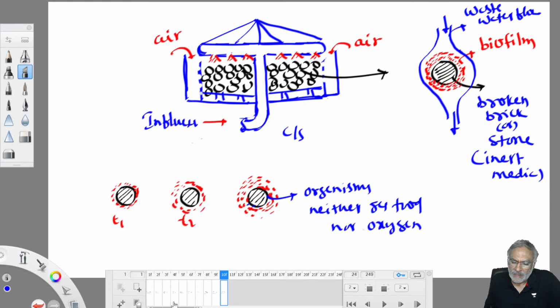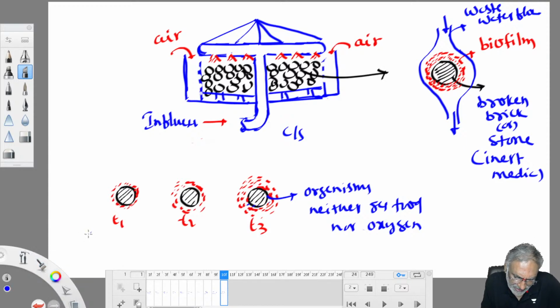Once organisms close to the inert media die, the clinging mechanism weakens. When the clinging mechanism weakens, biofilms are sheared off. That old biofilm moves along with the wastewater, and new biofilms start flourishing on the top of the media. That process is called sloughing.